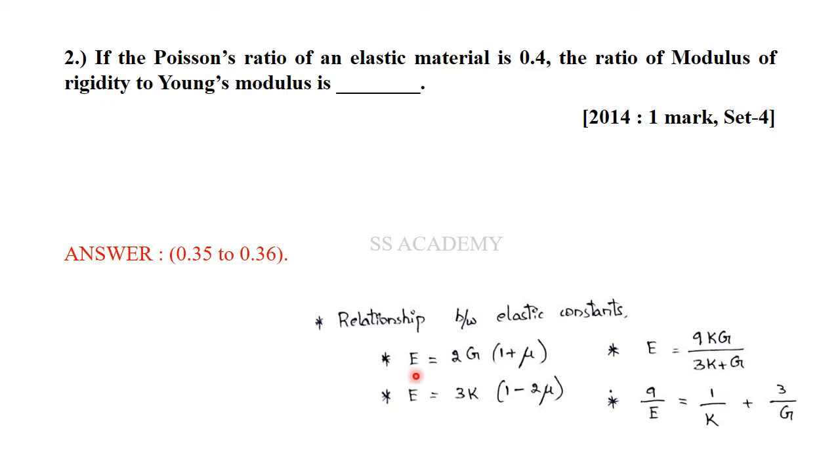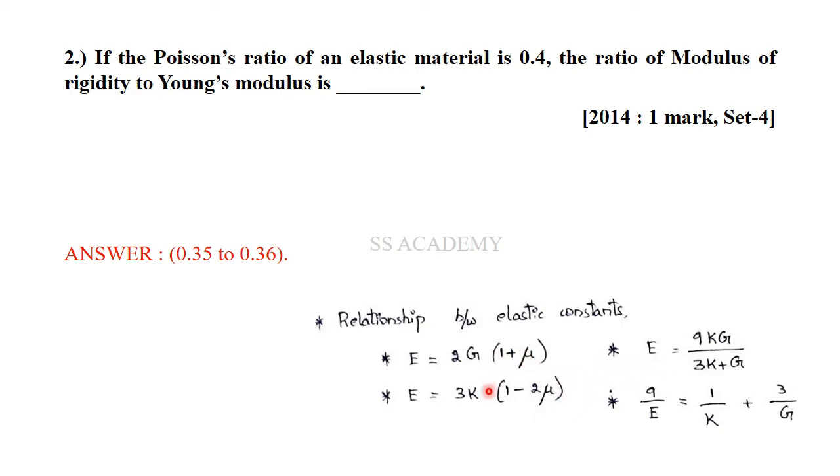The shear modulus or rigidity modulus is related to Young's modulus as E is equal to 2G into (1 plus mu). Similarly, the bulk modulus K is related to Young's modulus as E is equal to 3K into (1 minus 2 mu).